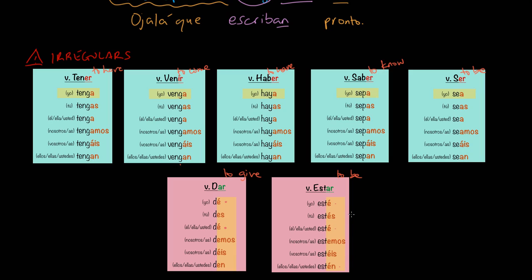The best way of learning and remembering that these are irregular is by remembering a couple of sentences. For example, you could make up the sentence: Ojalá esté en la fiesta. I hope he's at the party, or I hope she's at the party. Ojalá esté en la fiesta.